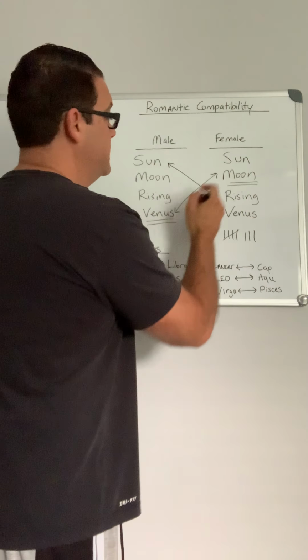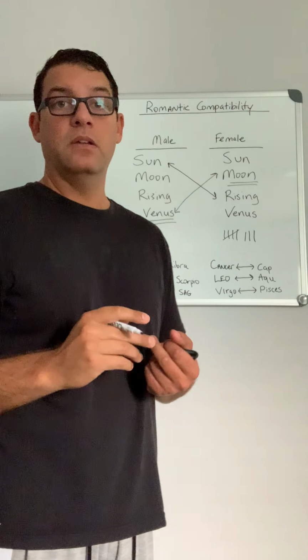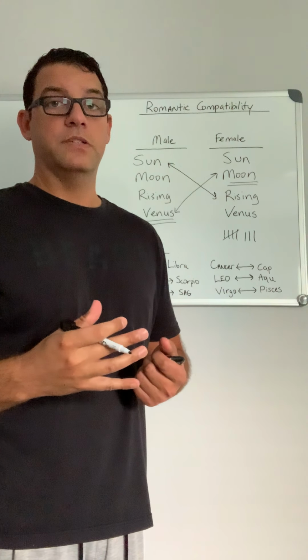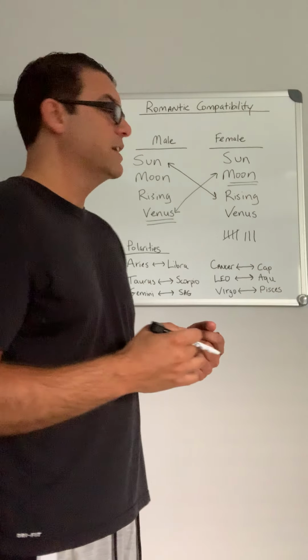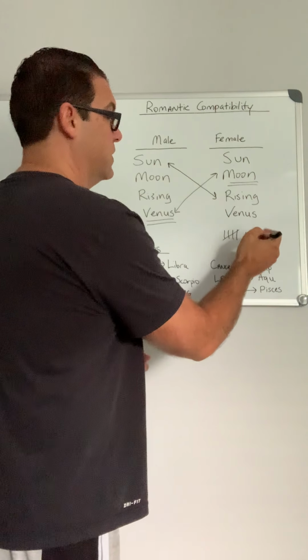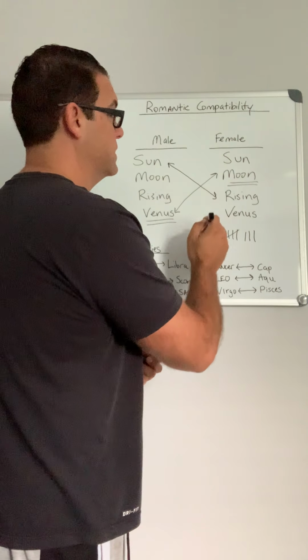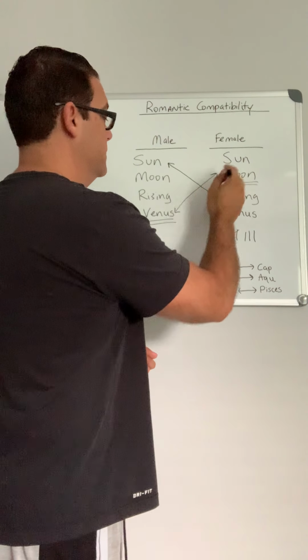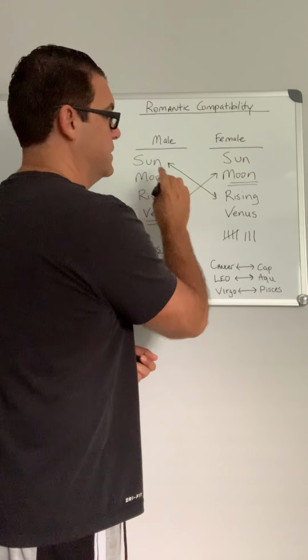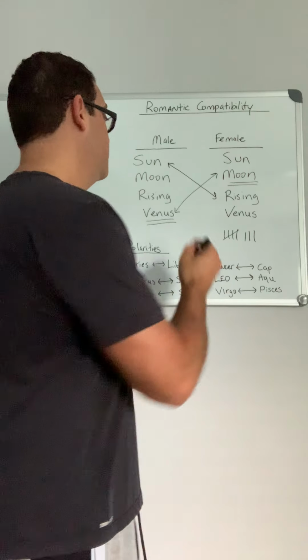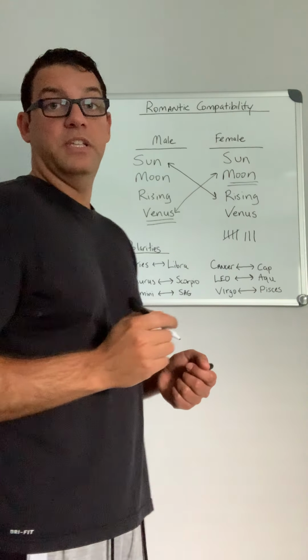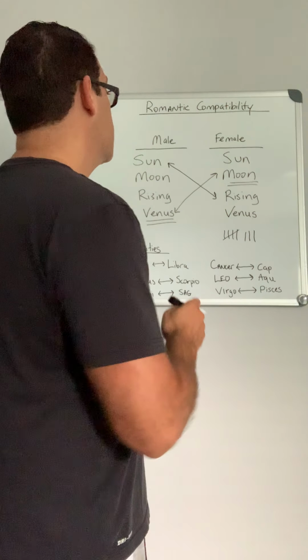So if these two are in the same sign, that's very strong. I only give 1 point for that, just like we go through that exercise. So you can get 1 point for your Venus and moon, and then 1 point for your sun and rising. But really, if you've got this connection point right here, it's almost like worth 2 points.